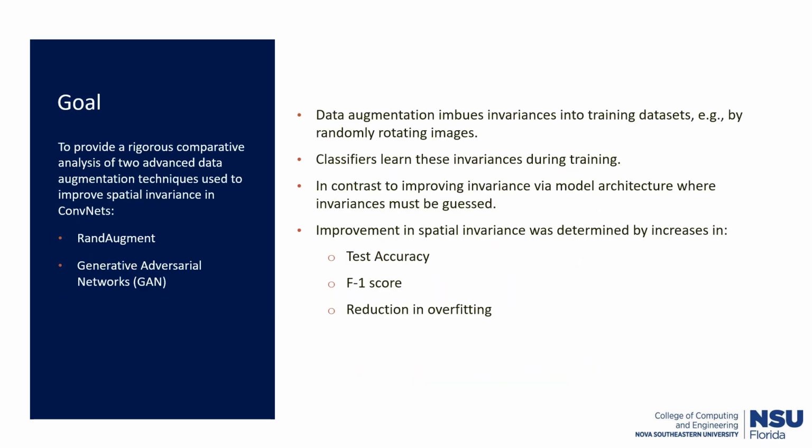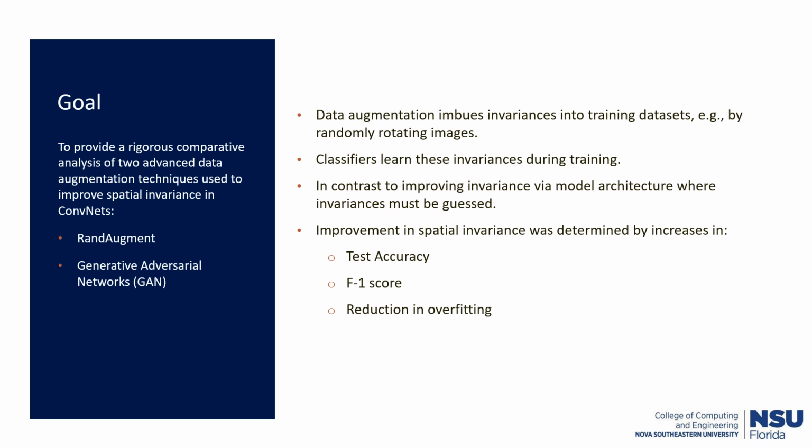So the goal of this study is to provide a rigorous comparative analysis of two advanced data augmentation techniques that are used to improve the spatial invariance of ConvNets. One of them is called RandAugment, the other is Generative Adversarial Networks. But before we talk about them, let's talk about data augmentation.